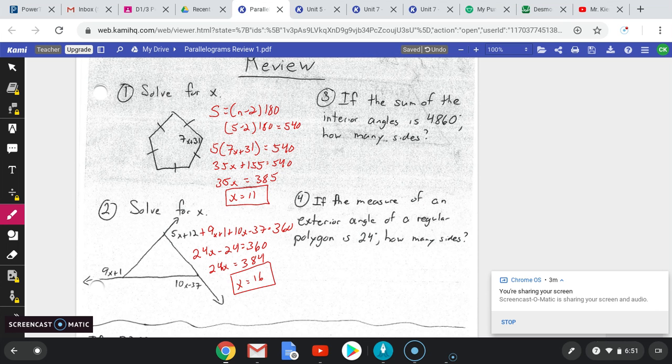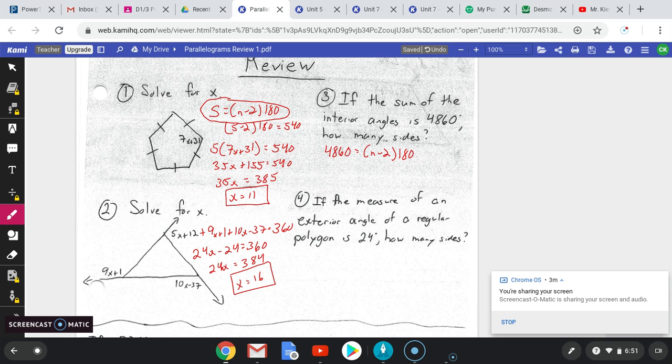With number 3, you're going to get a couple of problems. It says, if the sum of the interior angles is 4,860 degrees, how many sides does it have? Remember from problem 1, this is the sum formula. If they give me the sum of the interior angles, that's my S. So 4,860 equals n minus 2 times 180.